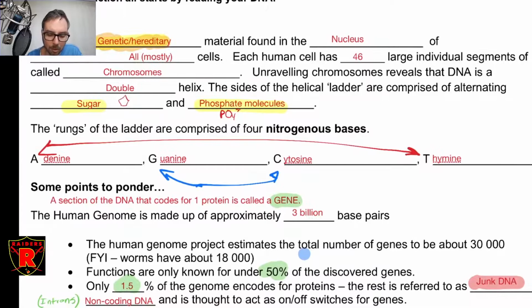I say most of all cells, but I had to put a little caveat in there and say mostly all cells, because some cells actually remove their nucleus when they become mature. A perfect example is red blood cells. Once you create a mature red blood cell, the nucleus is removed. It's enucleated.